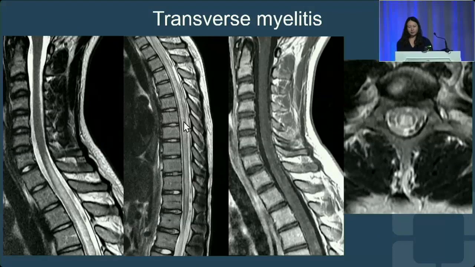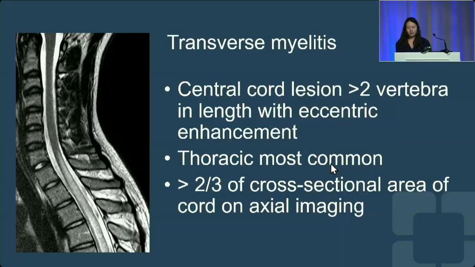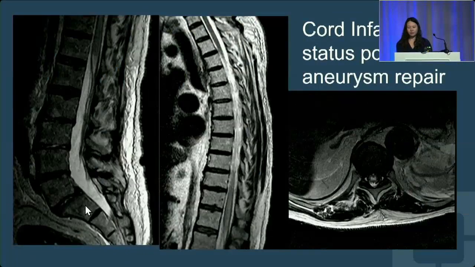Transverse myelitis usually affects more than 2 or 3 vertebral bodies in length. You can see this long segment of cord edema with mild enhancement, and it's going to be most common in the thoracic region.